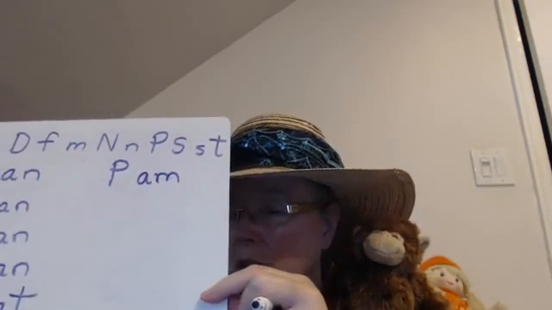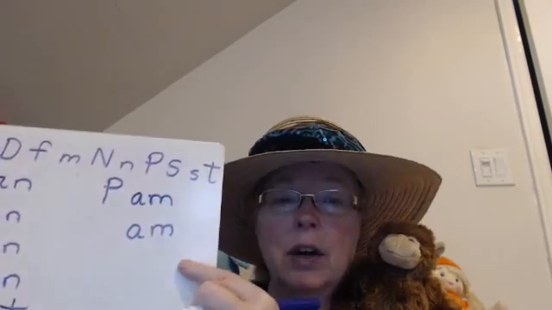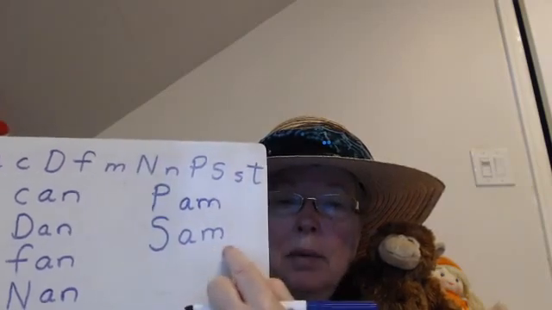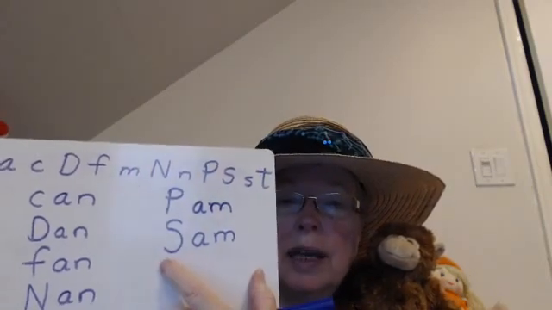And we're still going to use am, and we're going to add another uppercase letter, which is going to be the uppercase letter S. So now, am, we add the S, we get Sam.